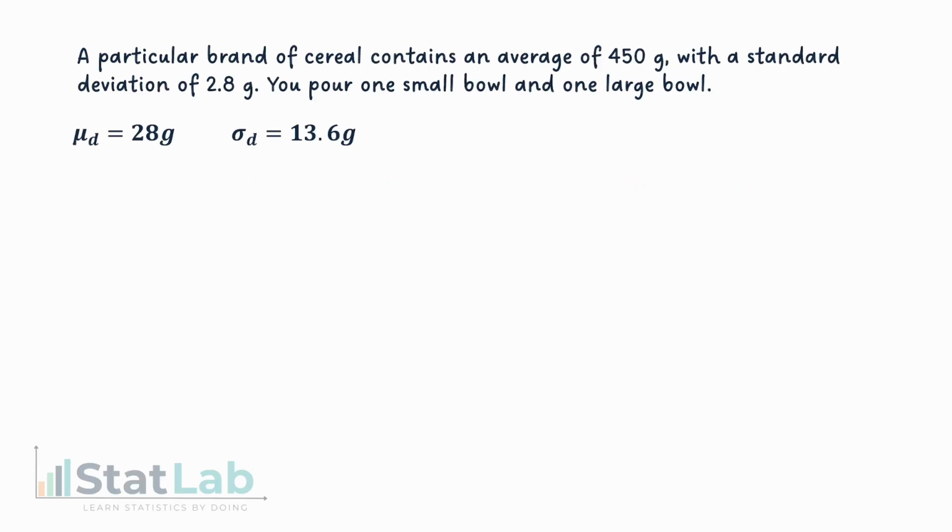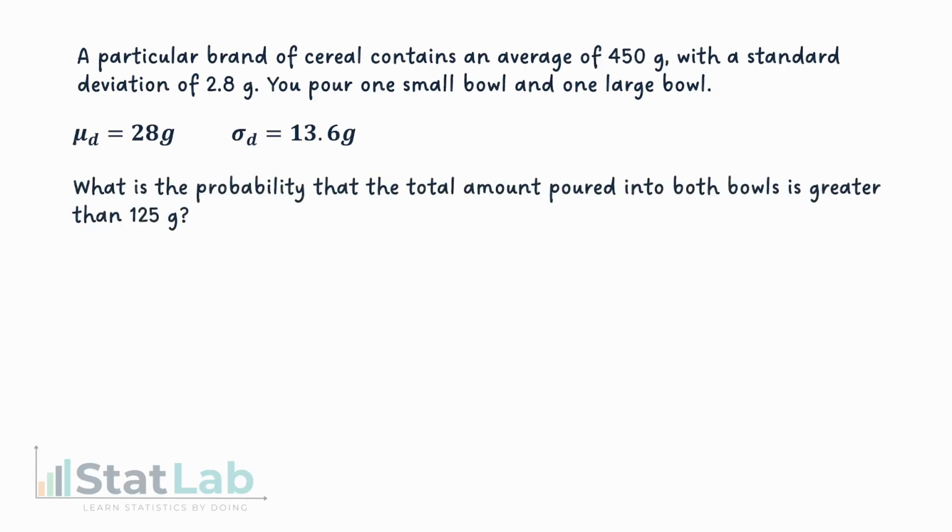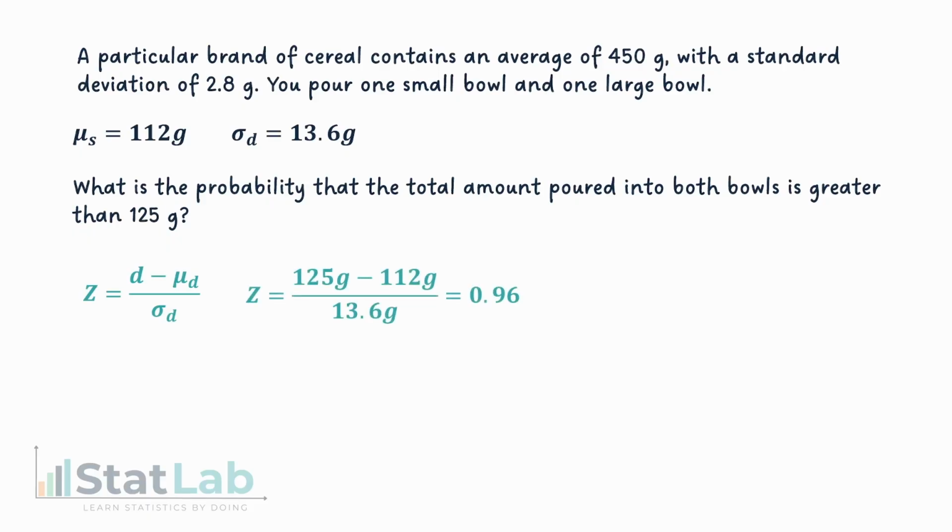So let's say now that I wanted to look at a sum instead of a difference. What is the probability that the total amount poured into both bowls is greater than 125? Now I need a mean sum instead of a mean difference, so we add them together instead of subtracting, and we find that it is 112 grams. But again, we're going to use our same equation. We have 125 grams minus 112 grams divided by 13.6, and that gives us a z-score of 0.96.